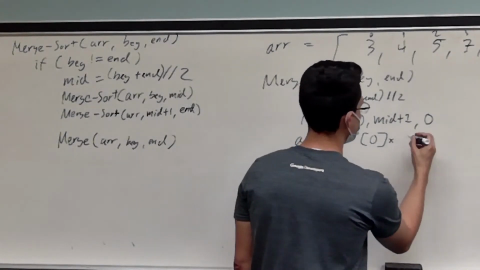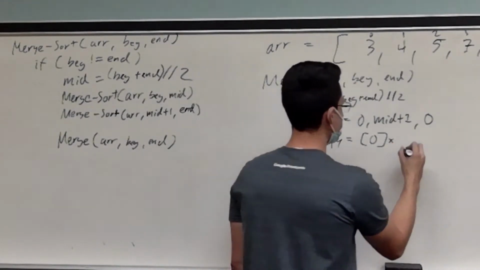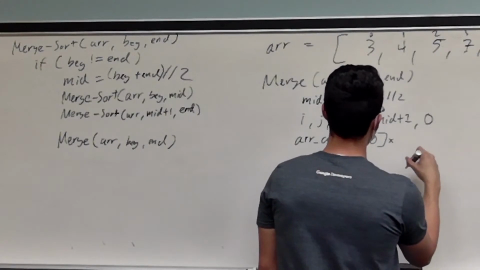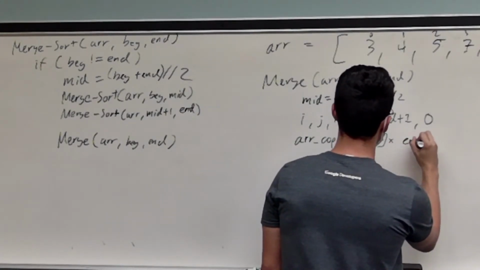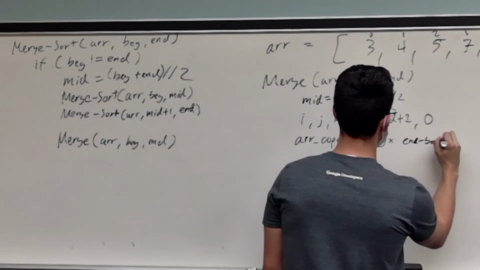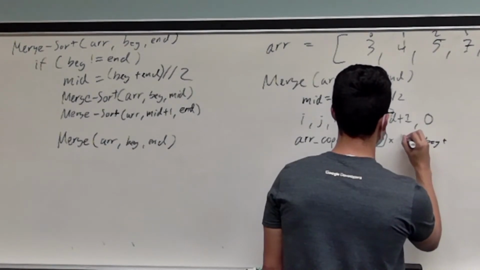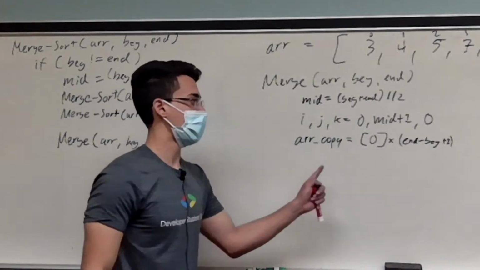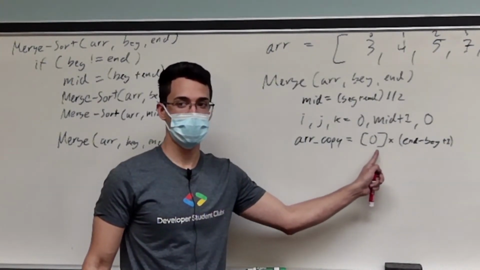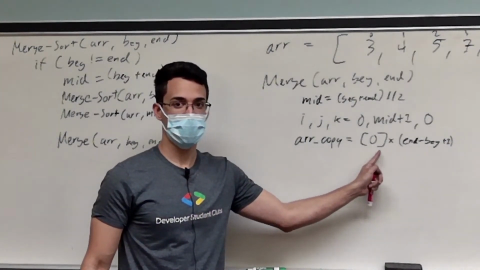All right, this is kind of funny. The size would be end minus beginning plus 1. Are we confused about this part right here? Zero times n.